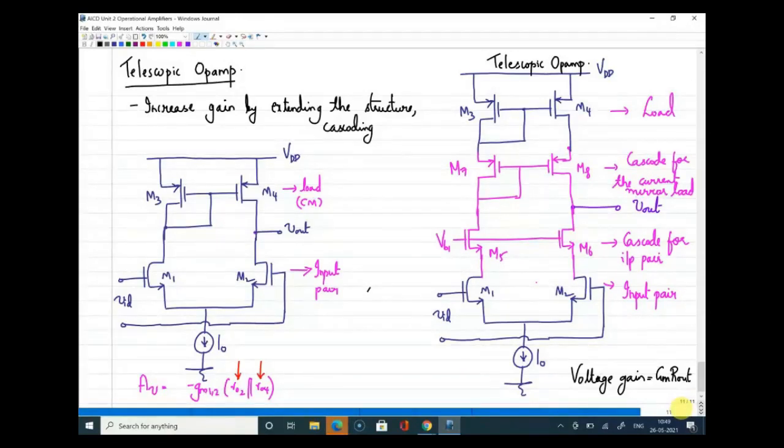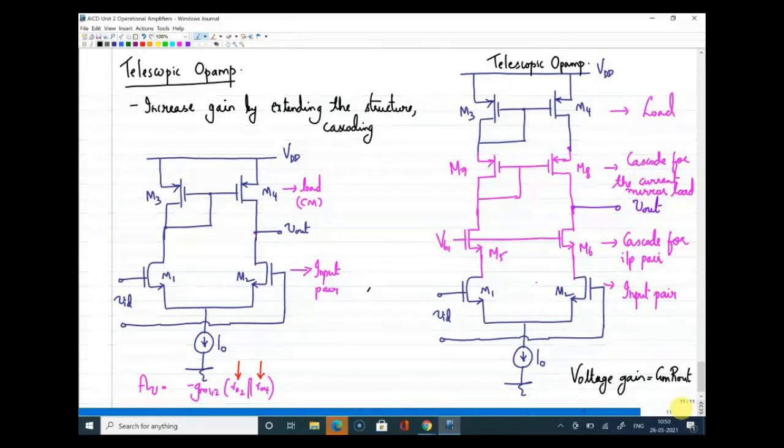All right. Ananya, are you there? Yes, sir. Ananya, can you tell me what you understood about this telescopic op-amp? We are basically using the property of cascoding in order to increase the output impedance and hence increase the gain. Okay, so why is this so?